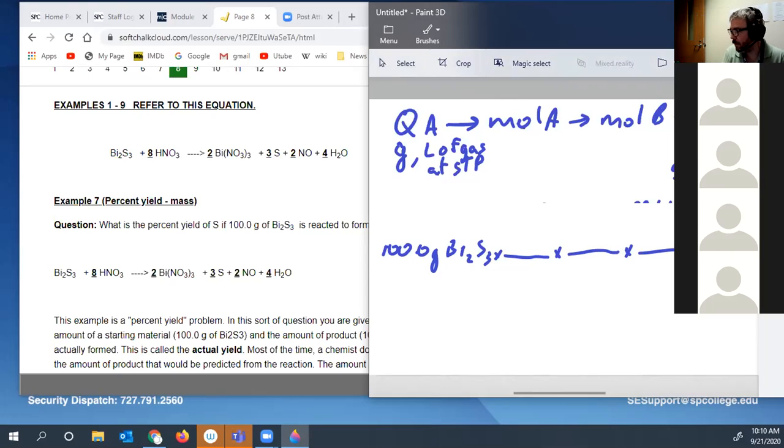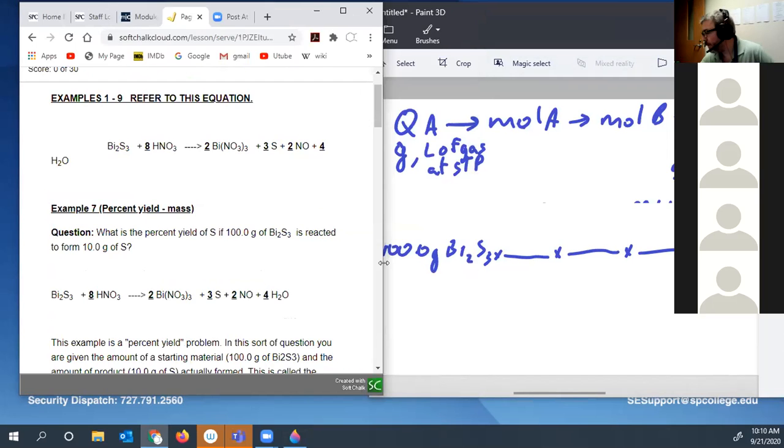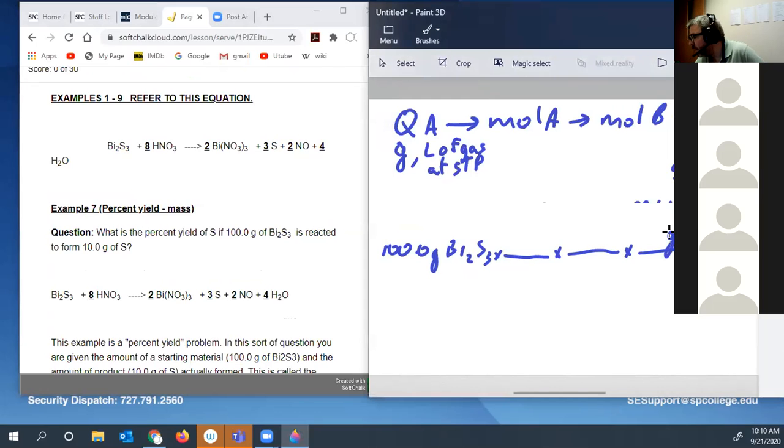According to the problem, we know that we get 10.0 grams of sulfur, but we need to figure out, well, how many grams of sulfur are we really going to get? Or were we expecting to get? So I know that grams of sulfur is going to be at the end here. And not 10 grams, but grams of sulfur, because we need to figure out how many grams we were supposed to get.